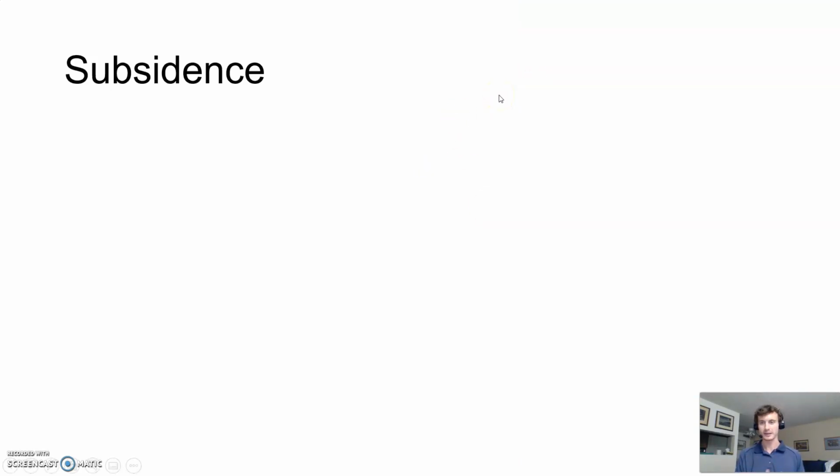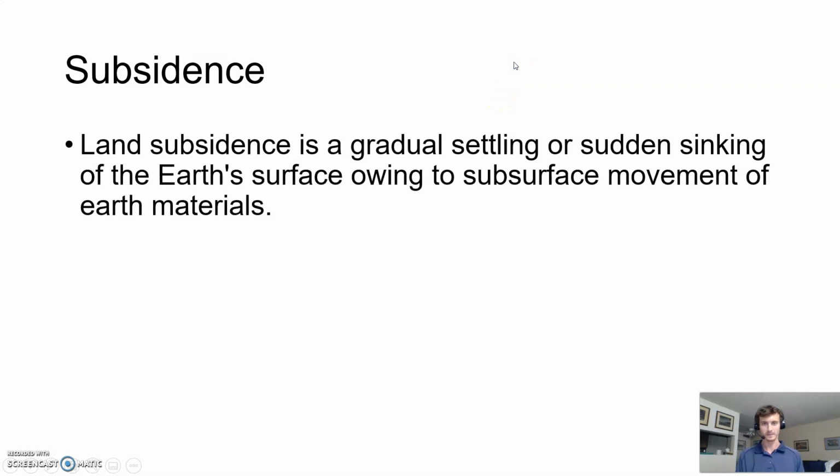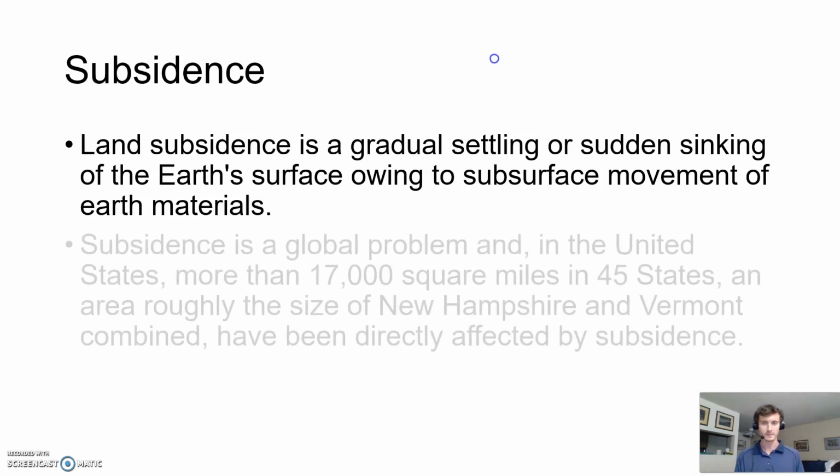So what are we talking about exactly for subsidence? Well, the first thing we're talking about are the first two numbers in the axis code, which are 2, 6. So this is our gradual settling, or sometimes not so gradual settling, of the Earth's surface due to some sort of movement of Earth materials underground in the subsurface.